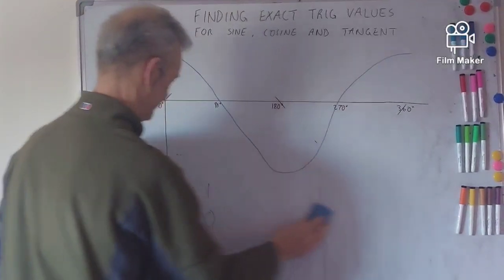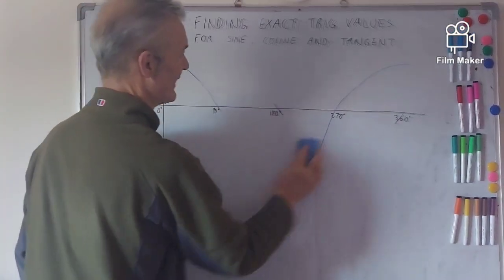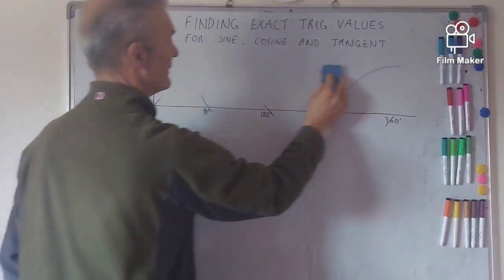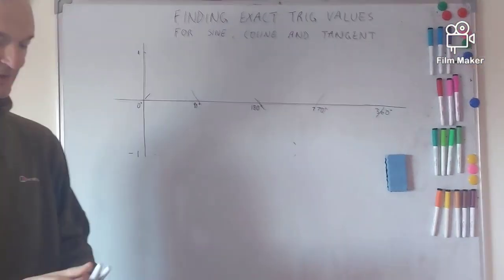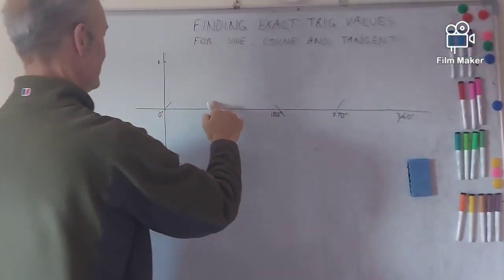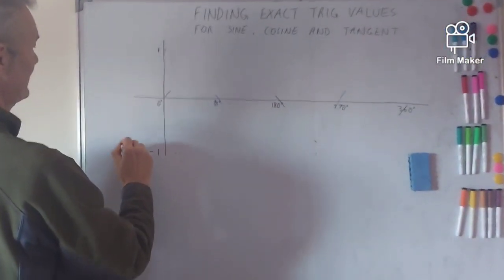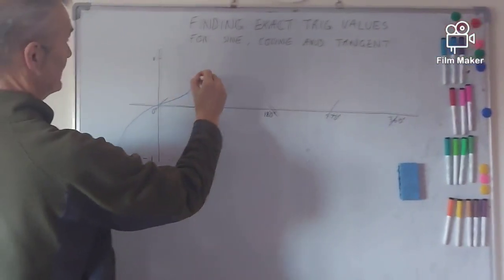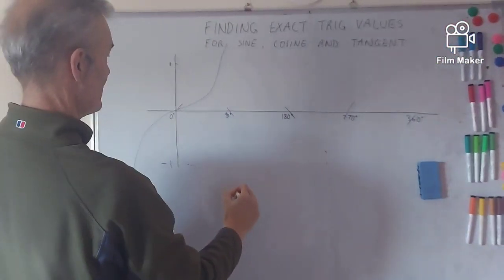Let's have a look at the next one, which is tangent. So what does a tangent curve look like? This one looks like this. Okay.